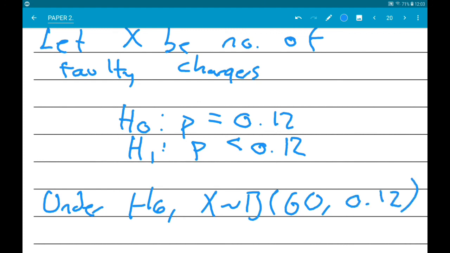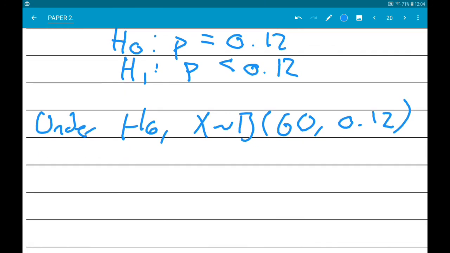So we now test the probability X is less than or equal to 4. So on your calculators you want binomial CD, n is 60, p is 0.12 and x is 4, and we will get 0.139.